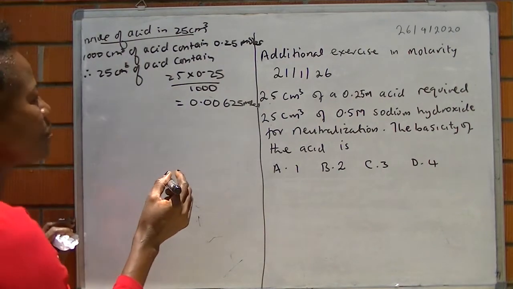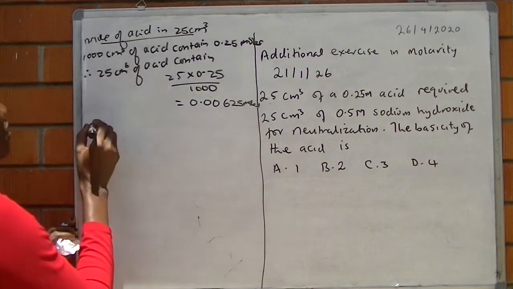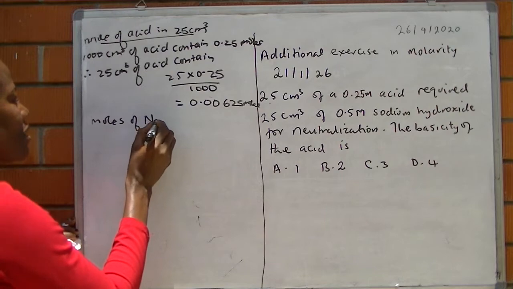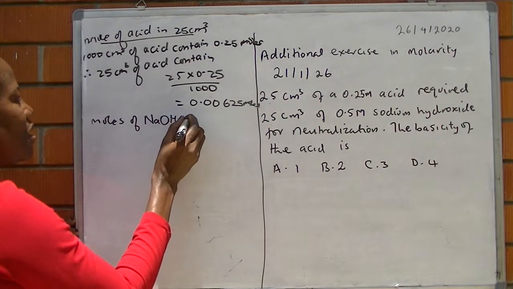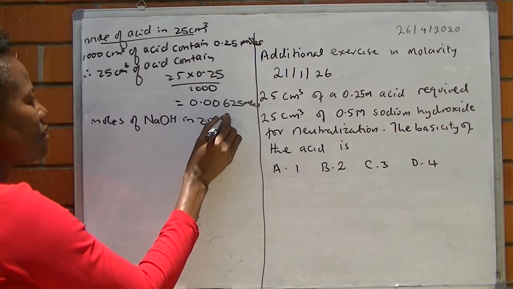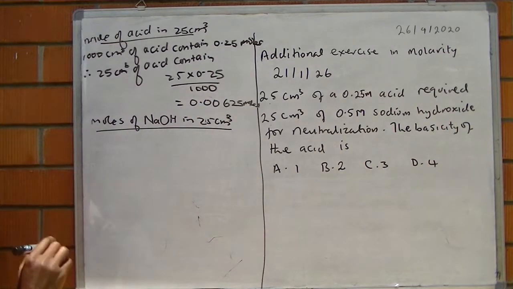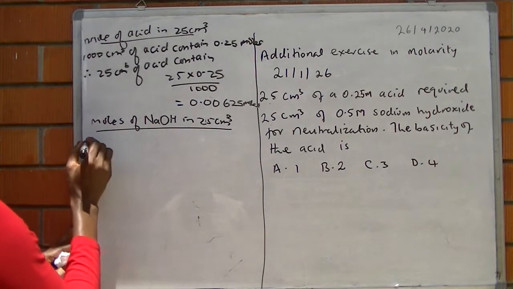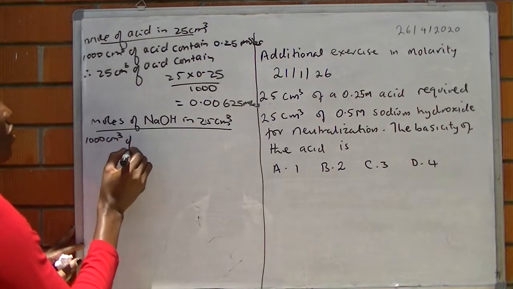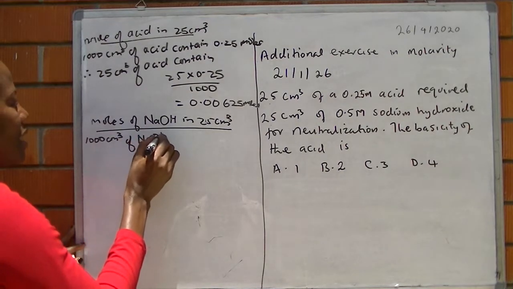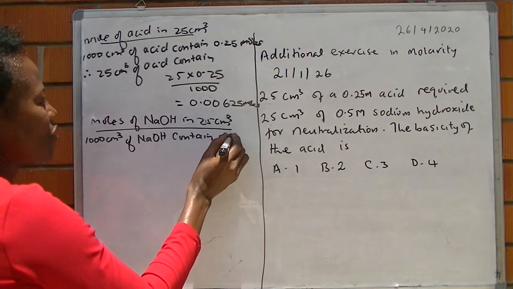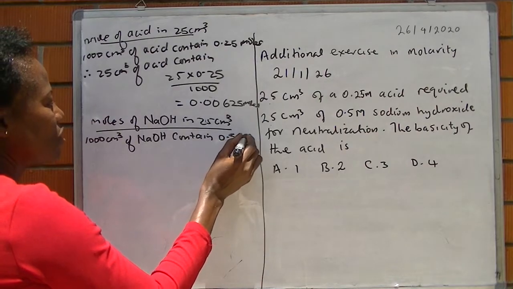Let us also look for the moles in 25 of sodium hydroxide. So moles of sodium hydroxide in 25 cubic centimeters. Capital M means molarity, which is in 1,000. So 1,000 cubic centimeters of sodium hydroxide contain 0.5 moles.